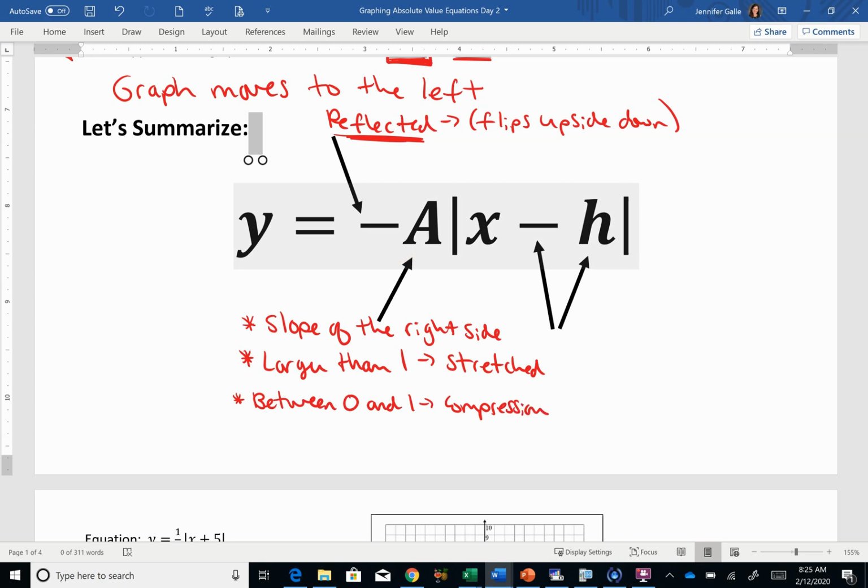Now, when we're talking about the stretch and compression, I know a few of you doing the practice yesterday were getting a little caught up with looking at the negative sign and talking about the numbers bigger than 1, less than 1, things like that. When you're talking about a stretch or compression, we're going to ignore the negative sign.